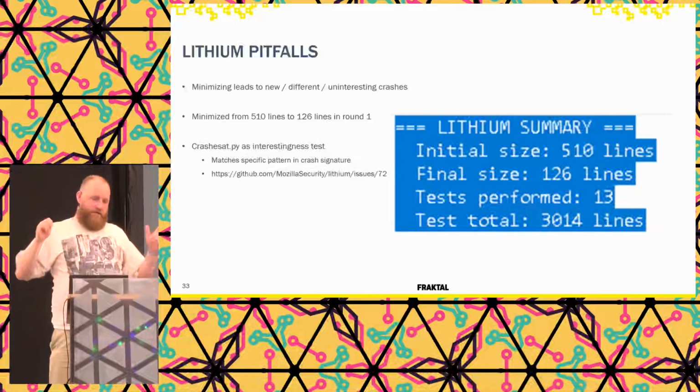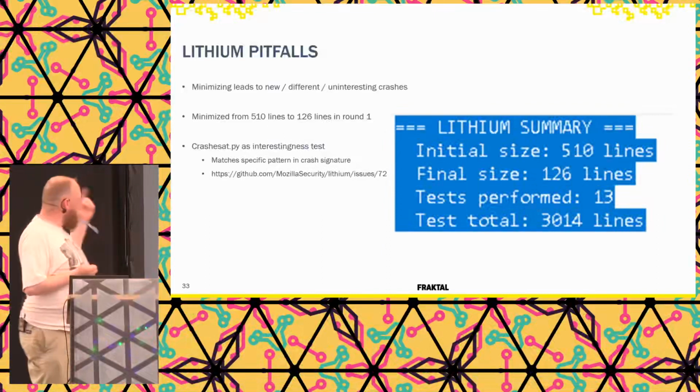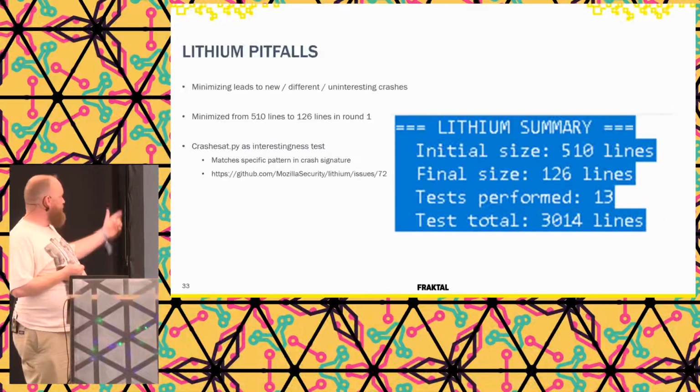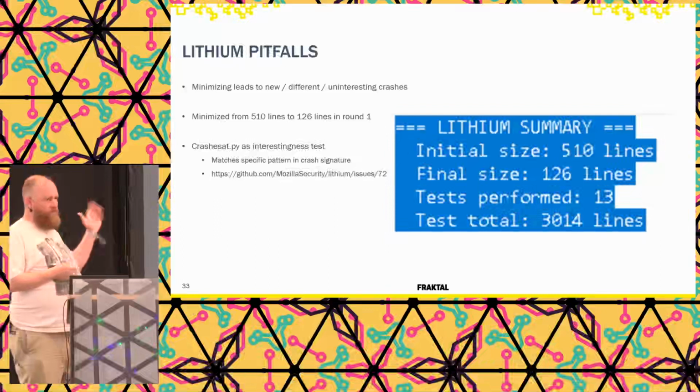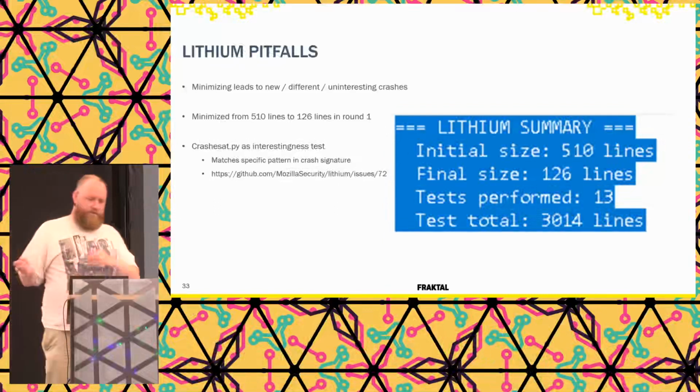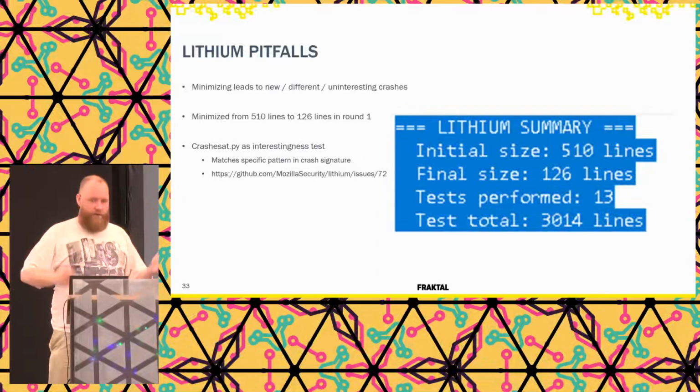I just asked the guys, help, what do I do here? And they said, well, there's something called crashes.py from some other project. It's not mainlined into Lithium and probably never will be, but you can use it anyway.